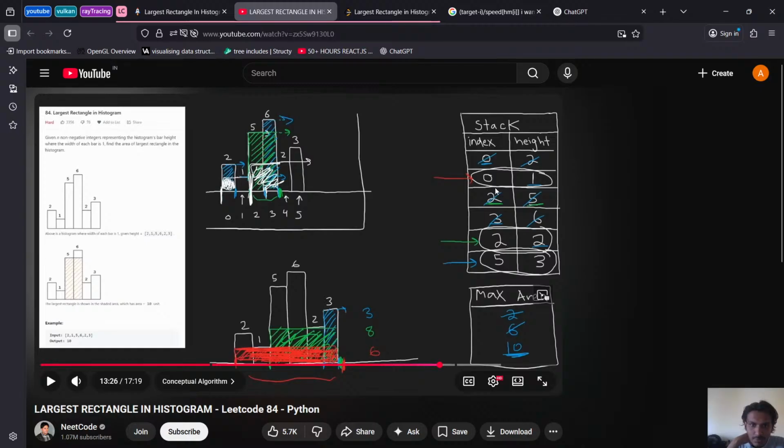Then again 4 minus 2, that is 2. So 2 into this one. So first we calculate 1 for this one, 2 into this one. Then we add 6 with 3. So it is 4 minus.